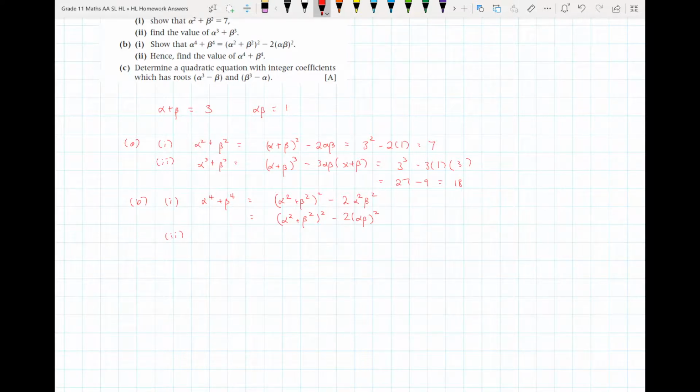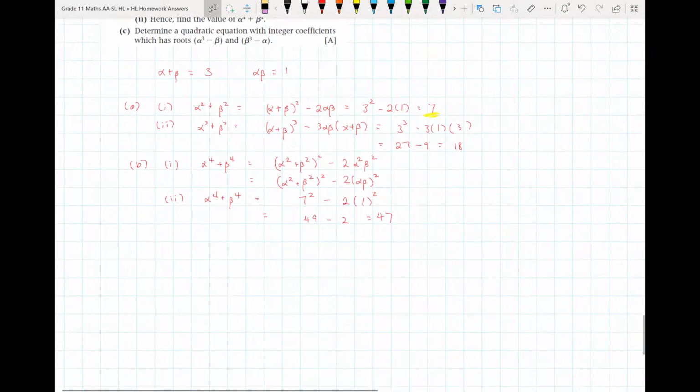So it's just continuation from the previous line. And then this alpha square plus beta square is from part A, I. So it's from here. And then this will be minus 2 times 1 square. So we have 47.